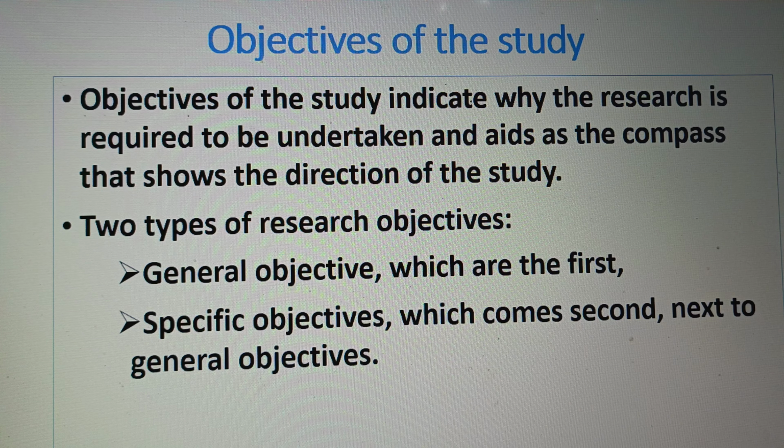The first one is the general objective, and the second is the specific objectives of the study. A general objective is written as one sentence or statement, while specific objectives might be written in bullets or serial numbers or in other ways, and there may be 3 to 5 statements.